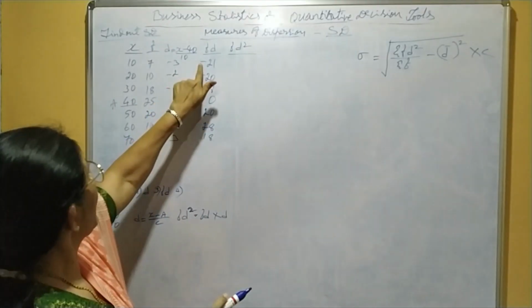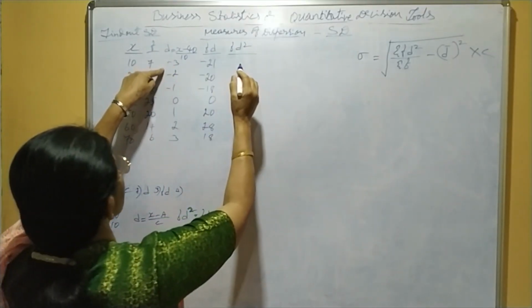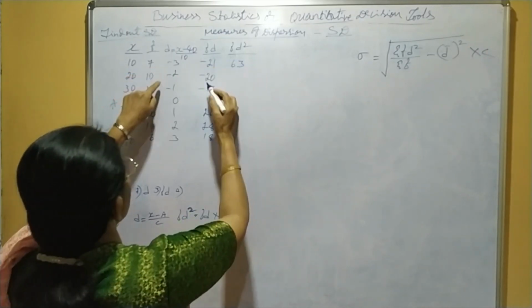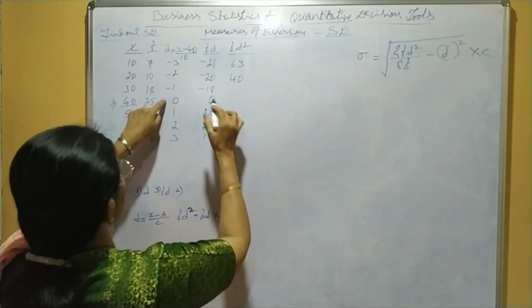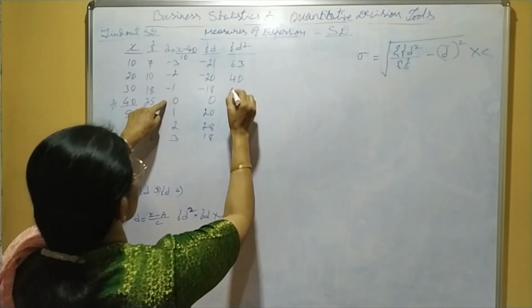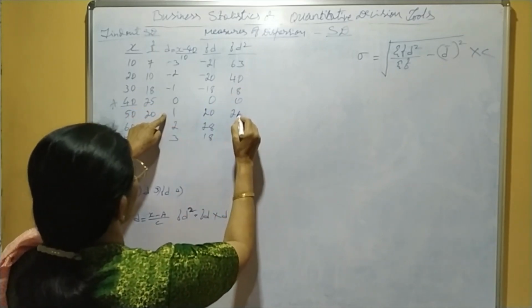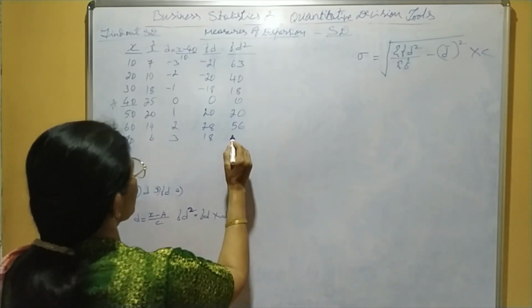Therefore, you have to multiply FD and D. Here, minus into minus will become plus 21 into 3, 63, minus 20 into minus 2, plus 40, minus 18 into minus 1, 18, 0, 20 into 1, 28 into 2, 18 into 3.